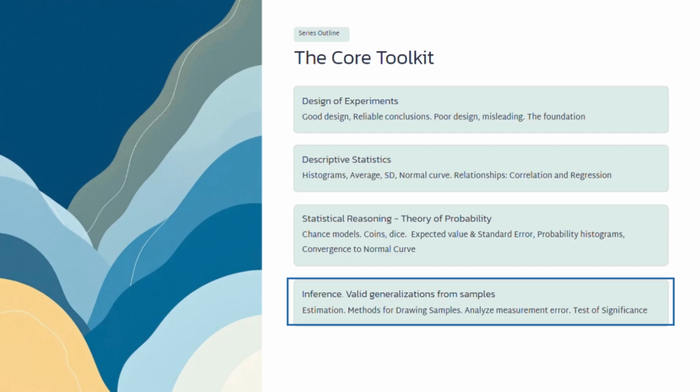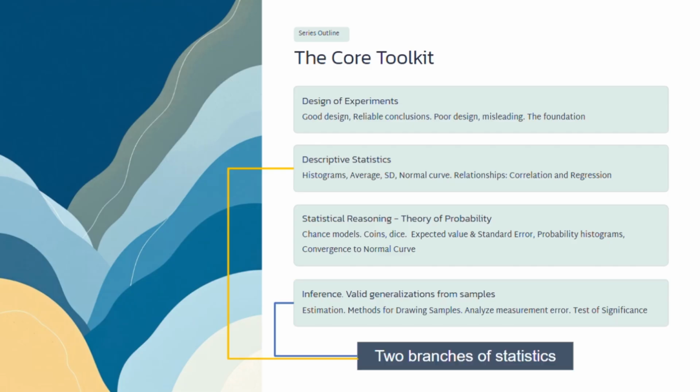Overall, remember we have two branches of statistics. Inference is the branch most interesting to professionals, and then we have descriptive statistics, which is also a very useful branch but easier to understand. So we cover descriptive statistics before inference.